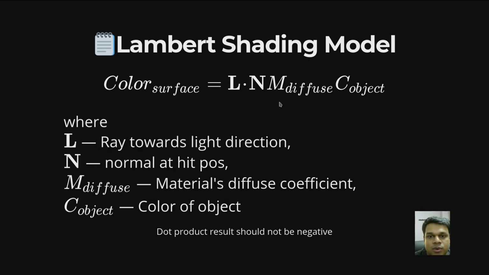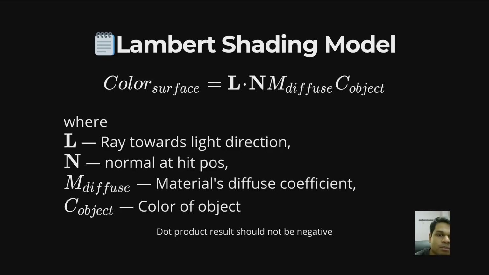So these are the terms here. L is the ray of light, n is the normal at the point where the ray of light is hitting, m is the material's diffuse coefficient. Even though this might sound like a technical term, all it means is how much the material absorbs, and how much you can see.